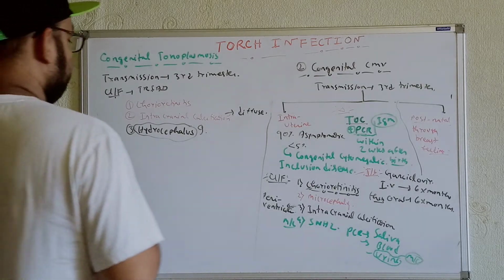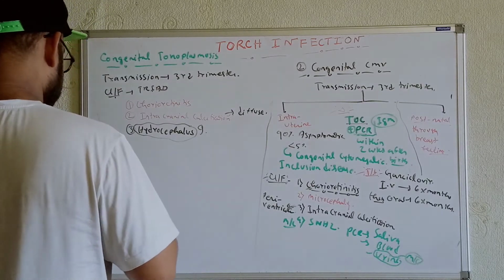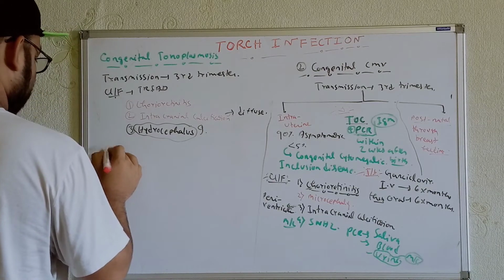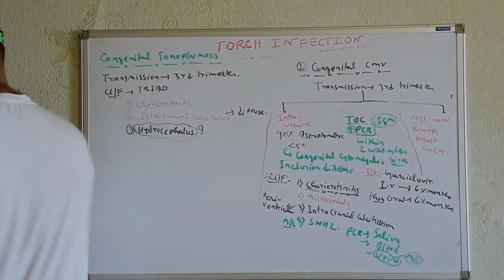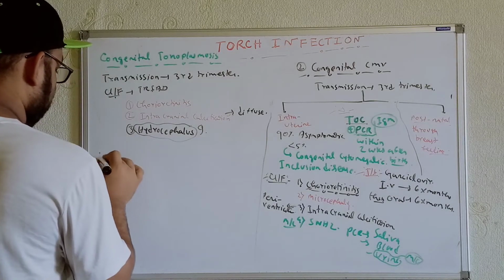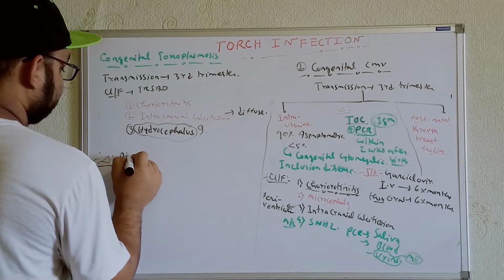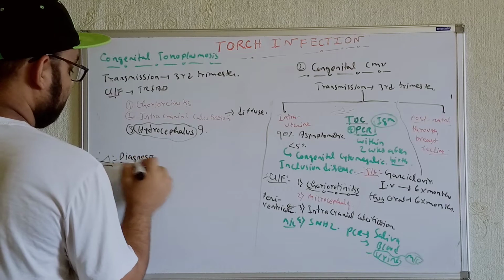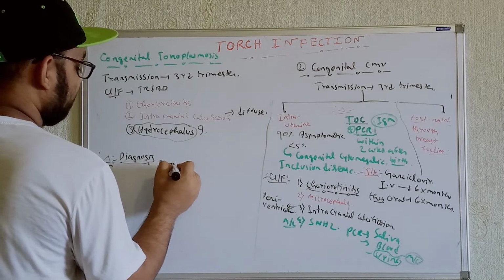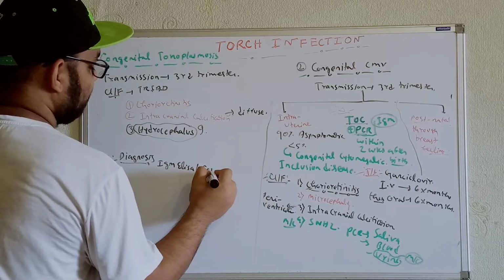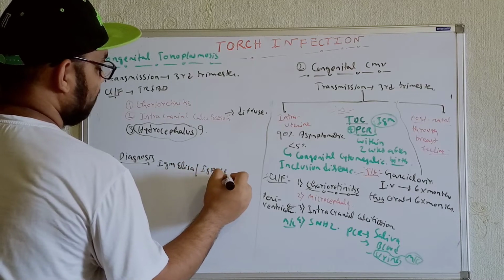Now we have to talk about the investigations. So let's write the investigations or diagnosis. In terms of the diagnosis, you can do the IgM ELISA test, or you can do the IgA ELISA.